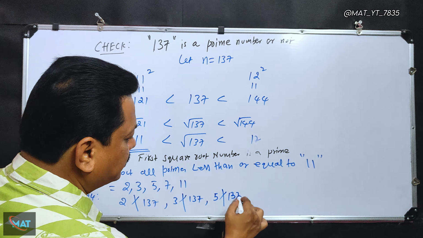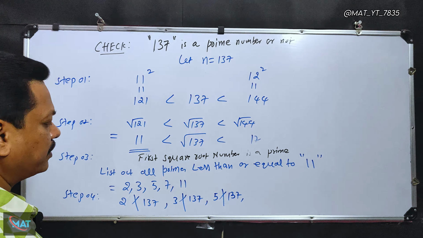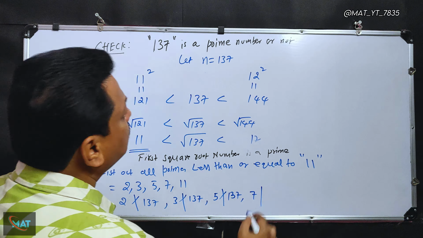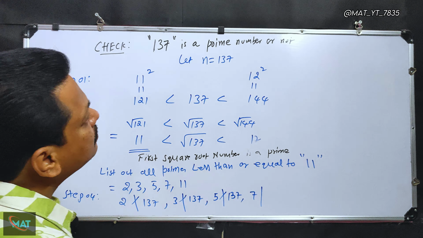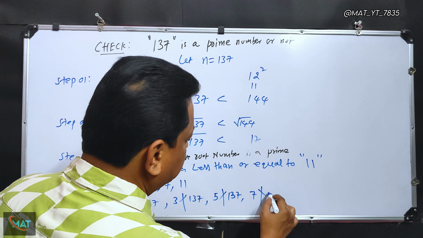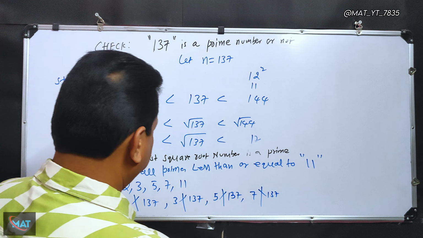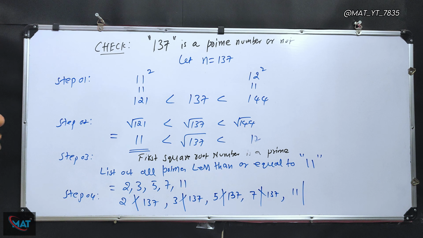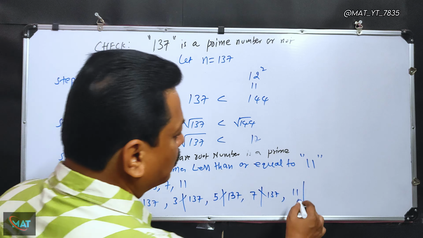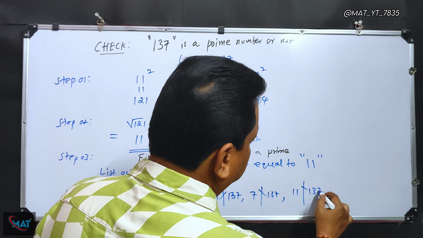You can check this, it leaves some remainder. 7, 7 ones are 7, 7 nines... it won't divide. What about 11? 11 ones are 11. It also won't divide 137.